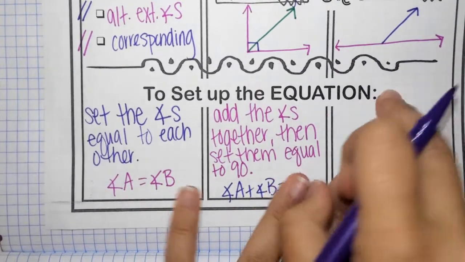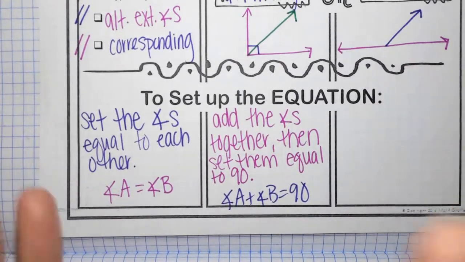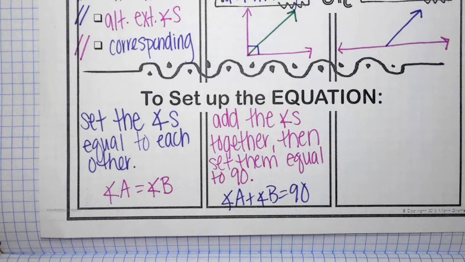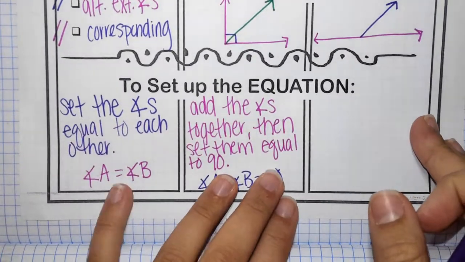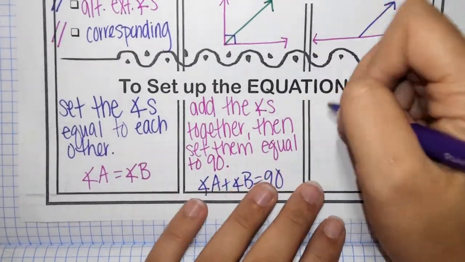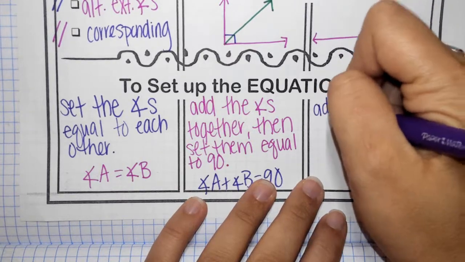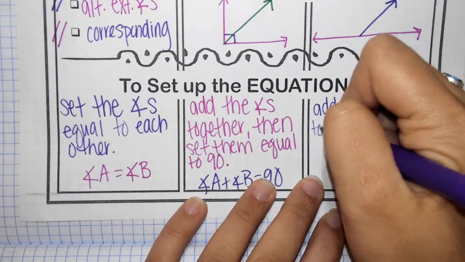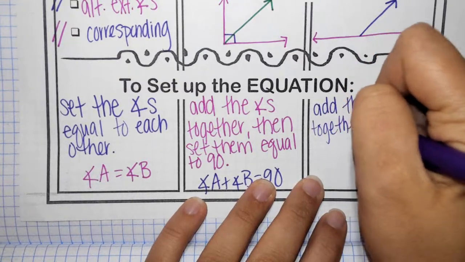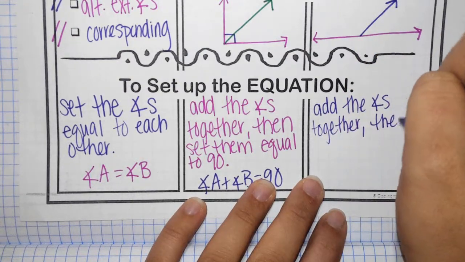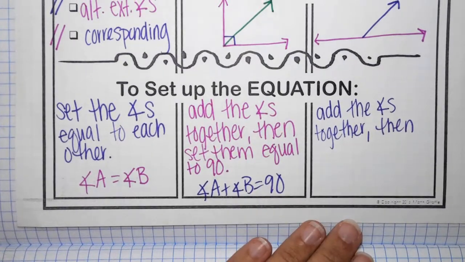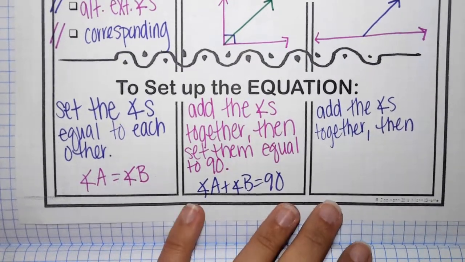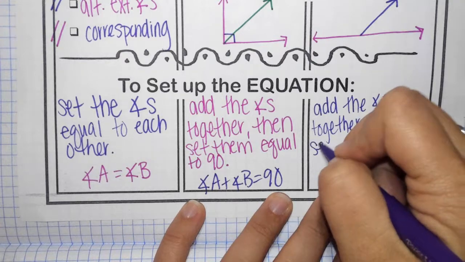Now, for the last one, supplementary. What would we do if they are supplementary, besides Gryffindor? Good, take a point. All right, so add the angles together. Then set them equal to 180.